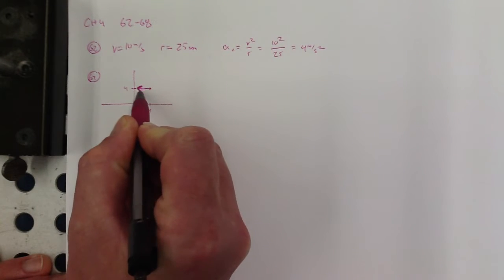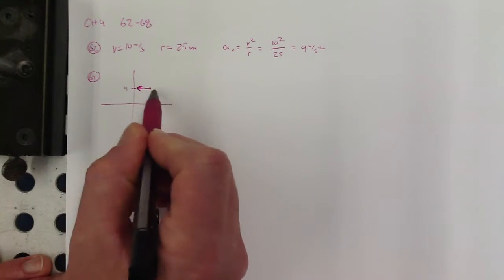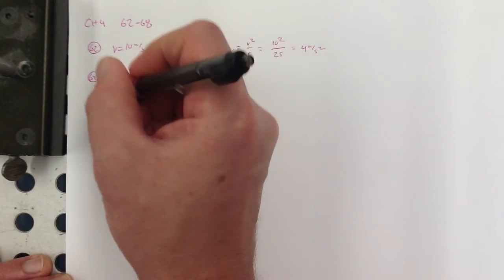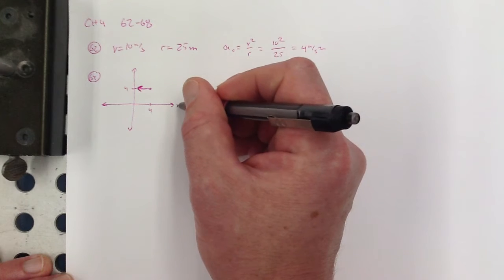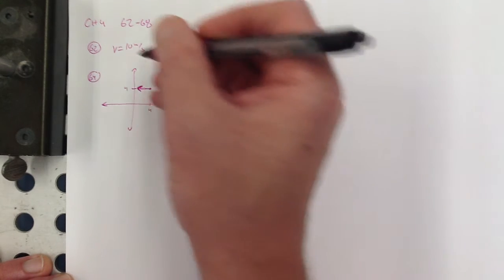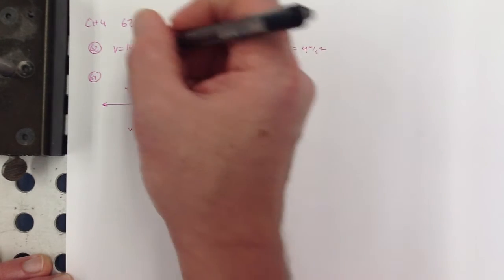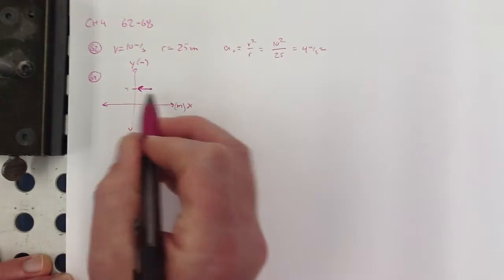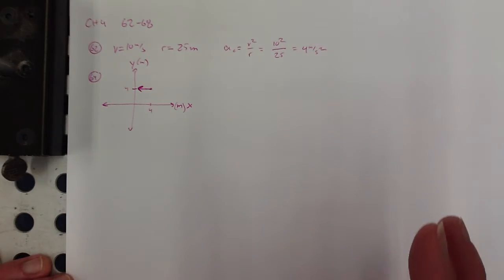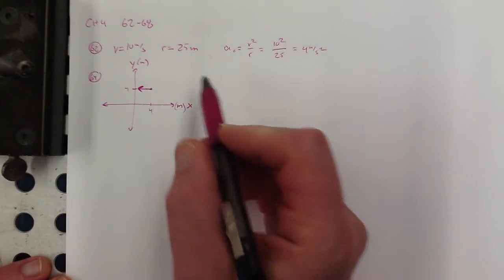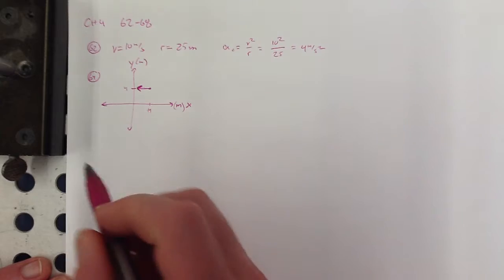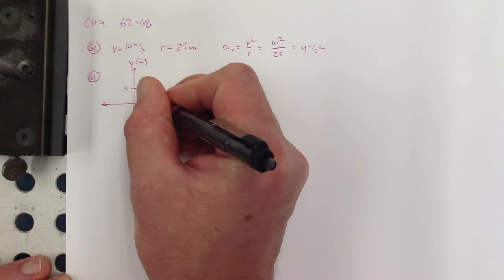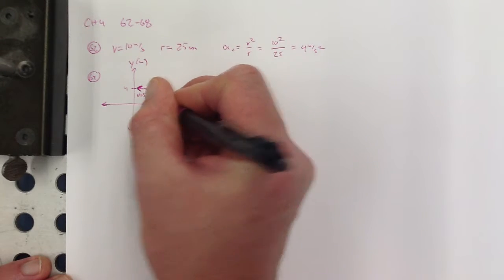If you're wondering why I didn't make that vector go further, the scale of this is my xy plane in meters, x position and y position. The velocity has different units, meters per second, so I'm under no obligation to stick with the scale here. In the negative i direction, it is going 5 meters per second.